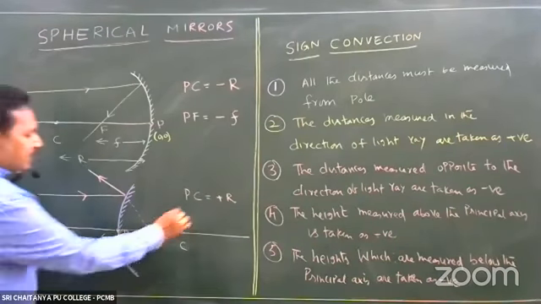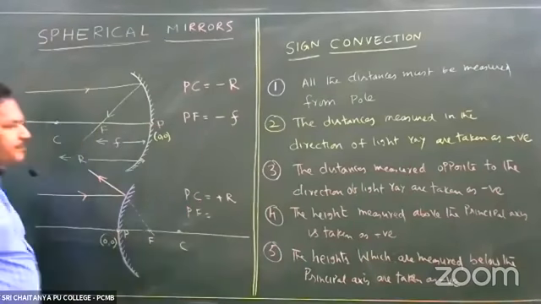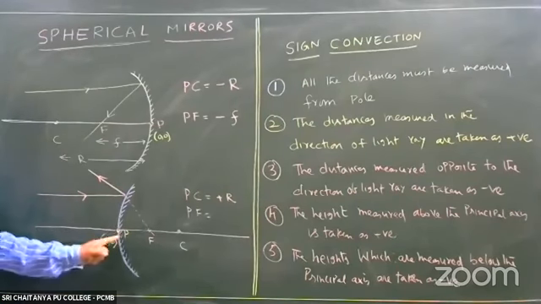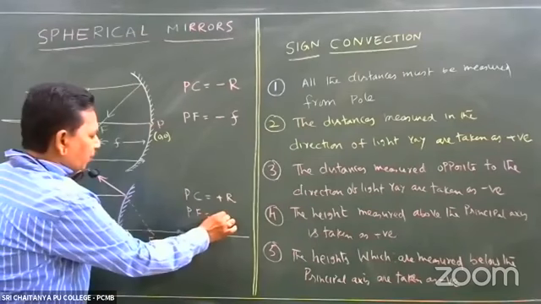So focal length from P to F, sign convention. Here the light ray is traveling from left to right. We are measuring the distance P to F in the direction of light ray. So that is plus F only.